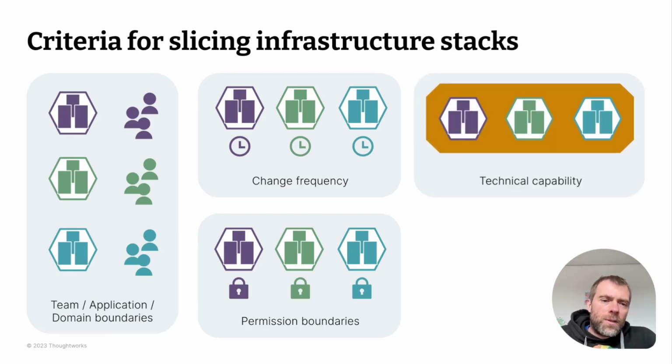And last but not least, you can also slice them around technical capabilities. This Kubernetes cluster as one capability might be a good example, although it's used by multiple teams and maybe contains certain substacks or elements that have a different change frequency, also different permission boundaries.